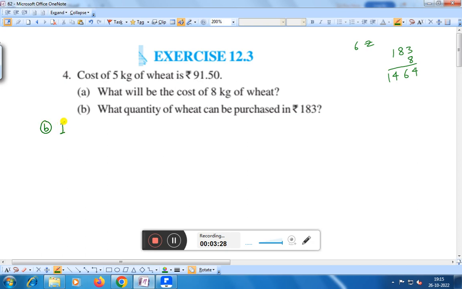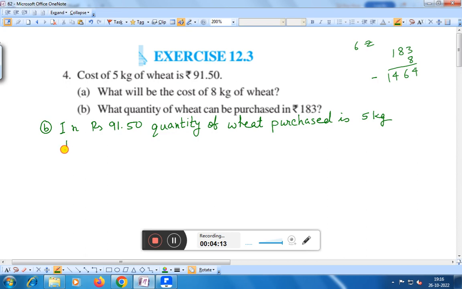In rupees 91.50, quantity of wheat purchased is 5 kg.